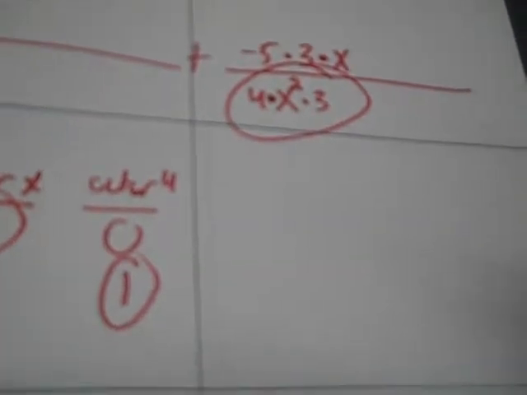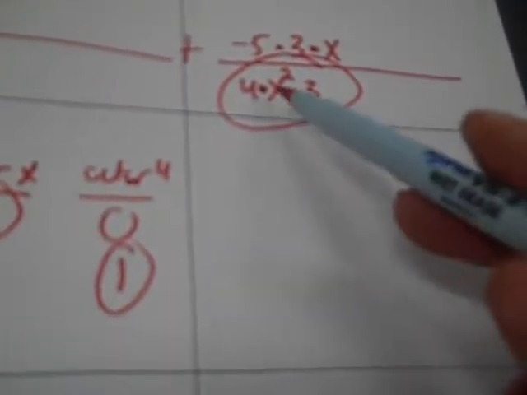Now, here's your circle one of the denominators. Now, I want you to simplify those factors because there are no parentheses. You simply take 4 times 3, which is 12, and the only x I have is to the second power. It's not hard to do. Okay, and then this, I'm going to tell you right now, it's 32 plus negative 15x. There's no really distribution because there's no parentheses.